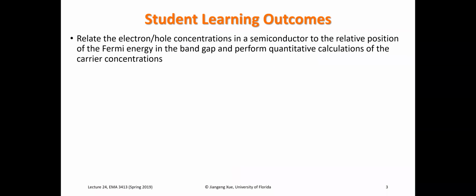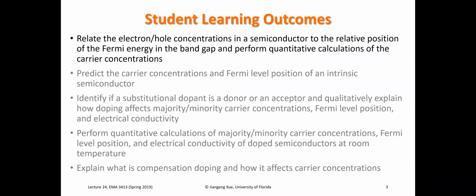So the first student learning outcome, this is really trying to finish up the intrinsic semiconductor lecture in 23, is to relate the electron hole concentration in a semiconductor to the Fermi energy position and also perform the quantitative calculations.